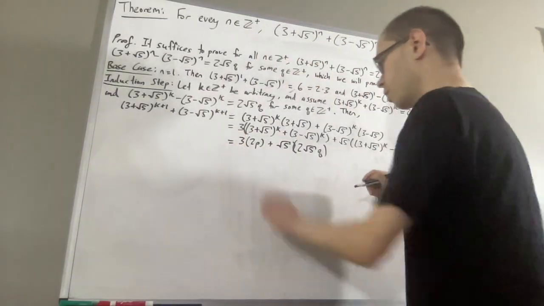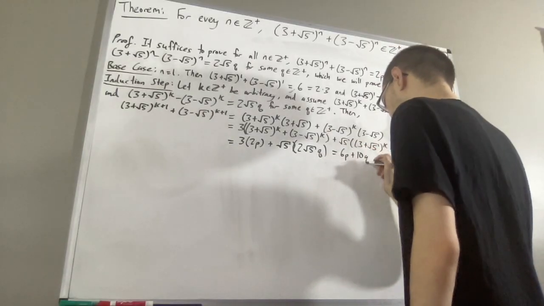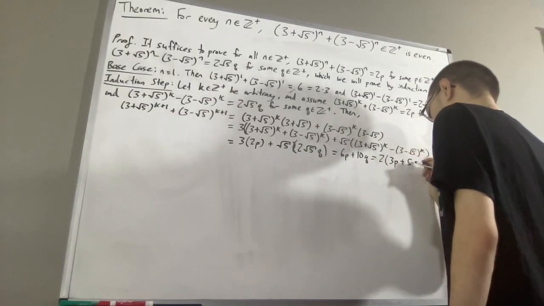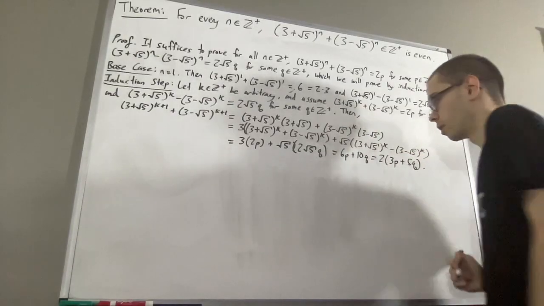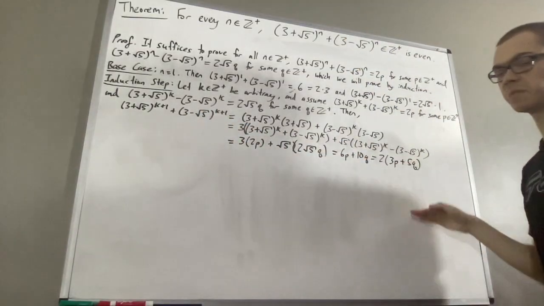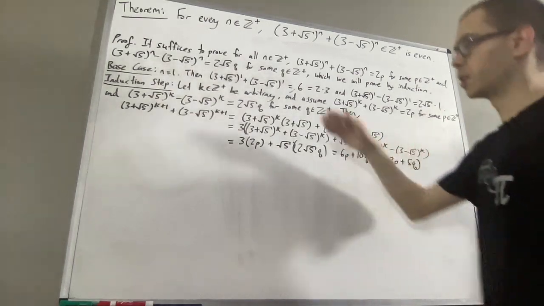So then this is 6p, this is 10q, and from here we just factor out a 2. So then this becomes 3p plus 5q. And so this demonstrates that this quantity is equal to 2 times some positive integer. So that's it.